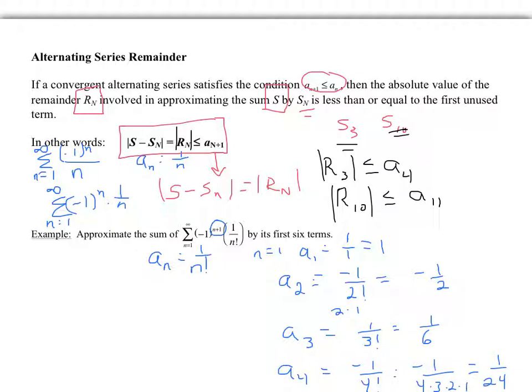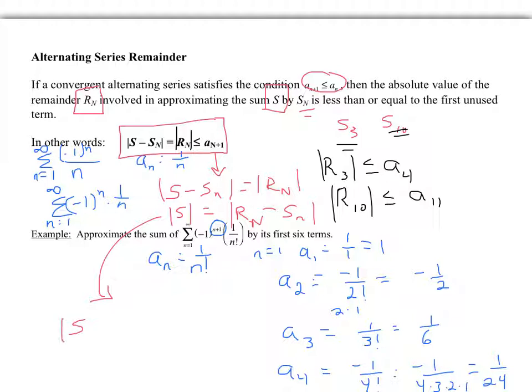then I can move some things around, and I'm going to end up with the sum equal to the remainder minus our partial sum. But that remainder, in this case, was smaller than that. Those absolute values are going to let me reverse that.